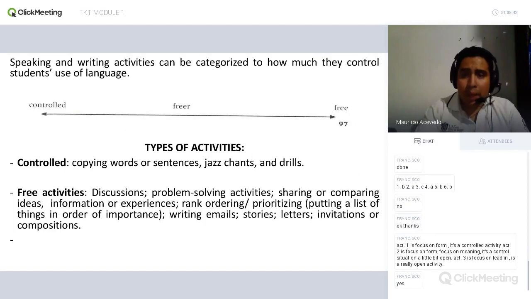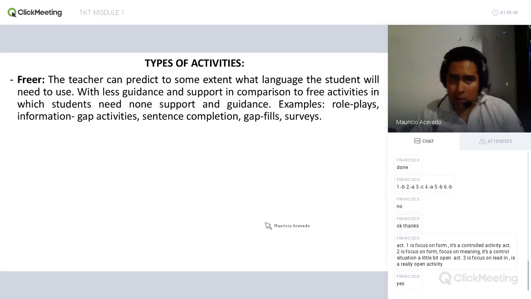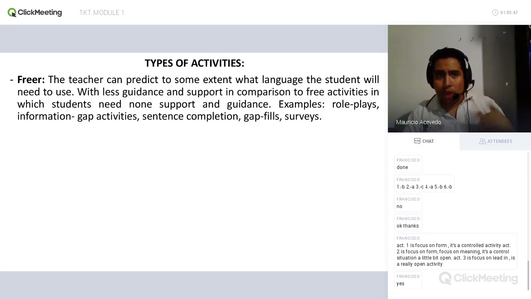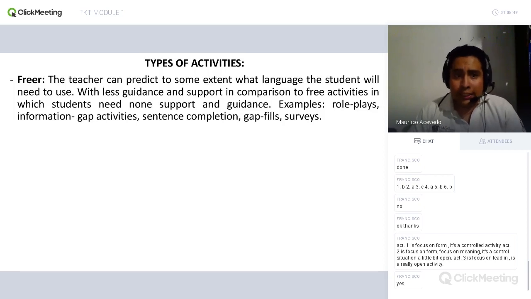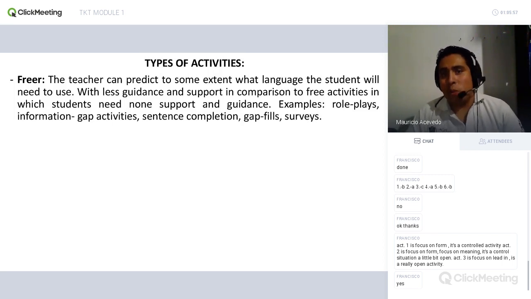All right. Because now we're going to look at the concept of freer. What is freer? The teacher can predict to some extent the language the student will need to use, with less guidance and support in comparison to the free activities, in which students need no support and guidance.